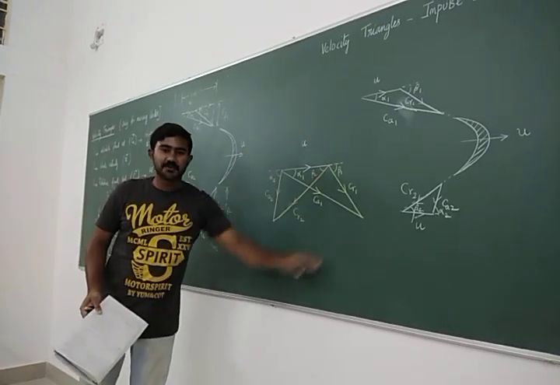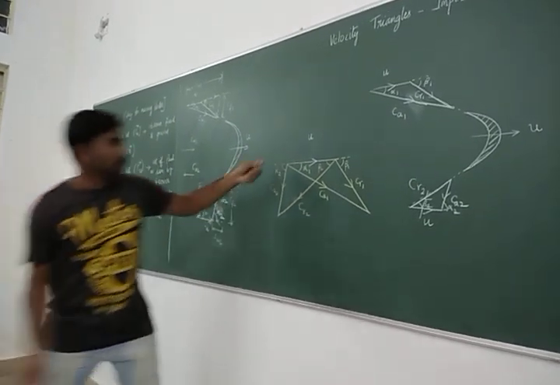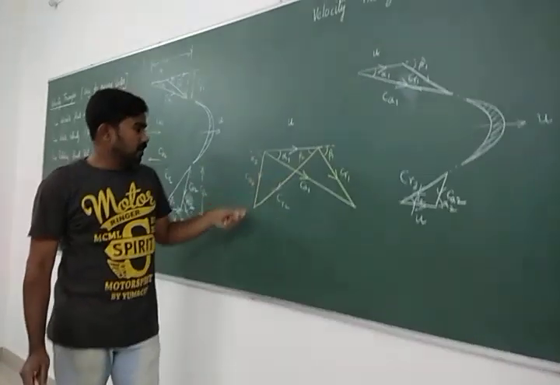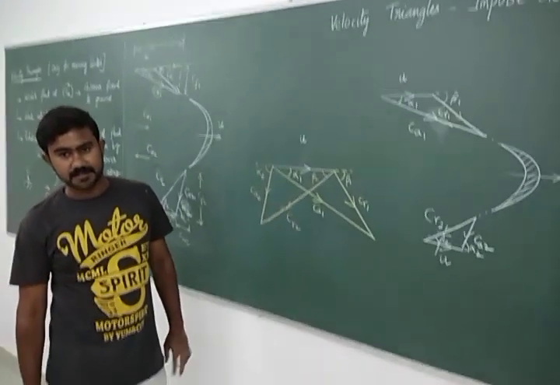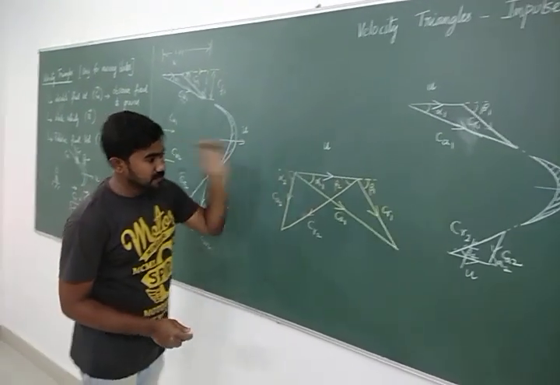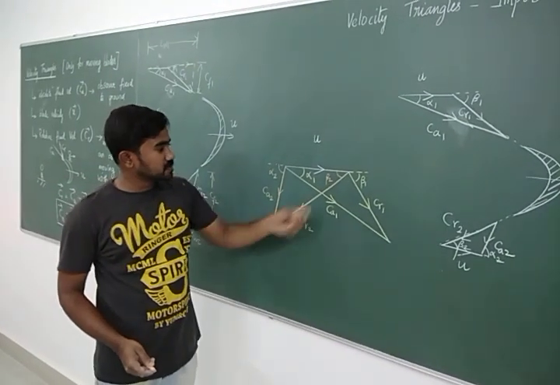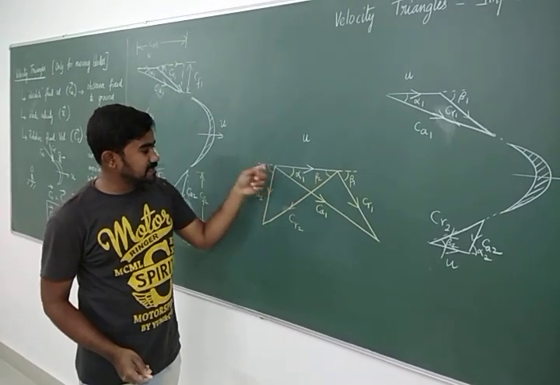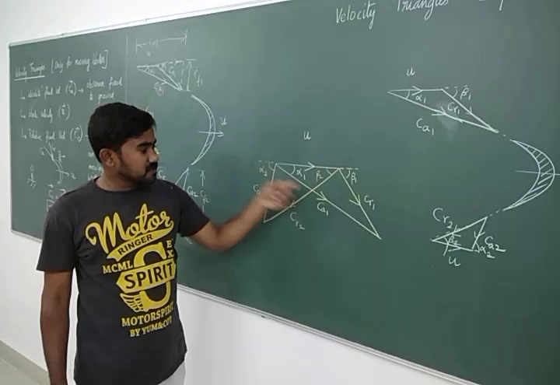Now this figure is what you have to remember. The yellow one is the inlet velocity triangle, the orange one is the exit velocity triangle. Okay. Now in this velocity triangle, the next step is to resolve CA2 and CA1. How do we resolve CA1?